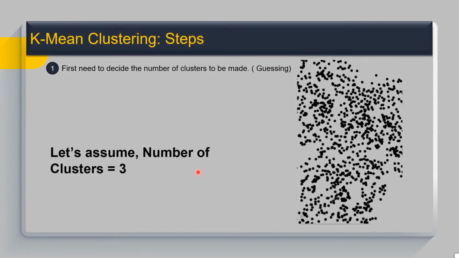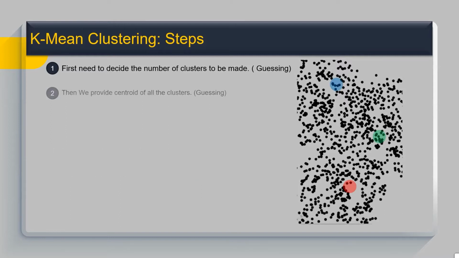So first, we need to decide the number of clusters to be made. Another important task here is how to decide the number of clusters. First, let's assume that the number of clusters we have decided is 3.